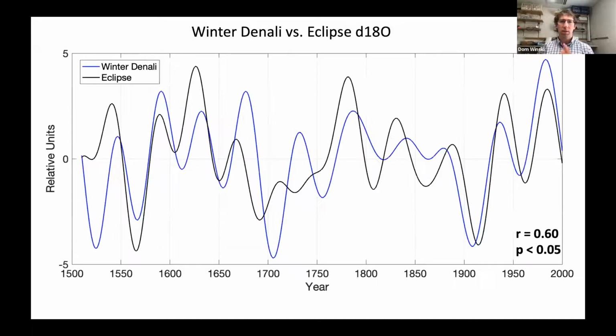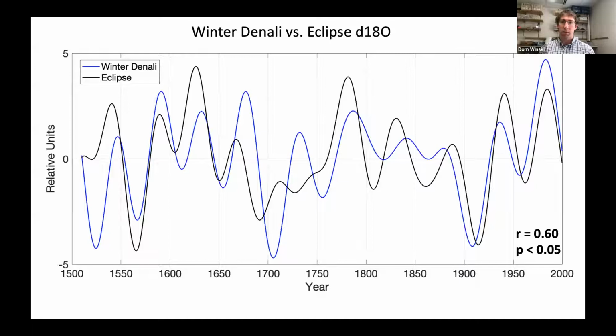So when I do this and compare it to Eclipse, which we know has snowfall that falls primarily in the winter, as opposed to Denali, which has snowfall that falls kind of year round, if we compare specifically the wintertime Denali record with the Eclipse record, they actually match up, not perfectly, as you can see, but they match up pretty well, especially given all the uncertainties that go into producing an ice core record.